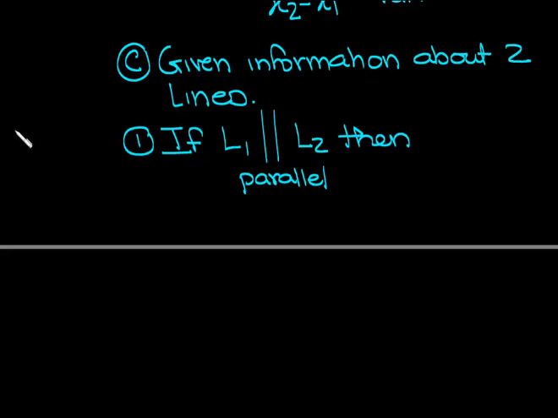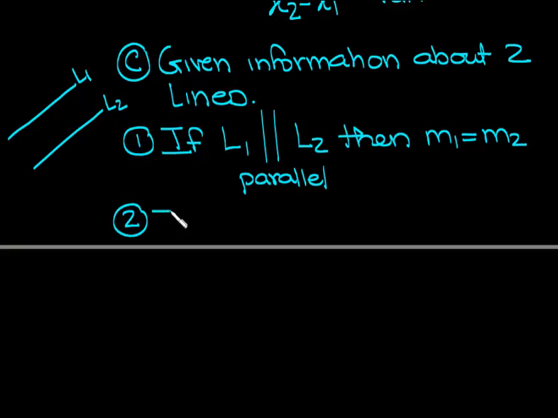Remember, the slope is a steepness. Let's say line 1 is like this and line 2 is like this. Even though they're not the exact same lines, one line is shifted up. In terms of steepness, they're exactly the same. They're traveling at the same angle. So the slope of the first line is equal to the slope of the second line. If the two lines are parallel, their slopes are the same.